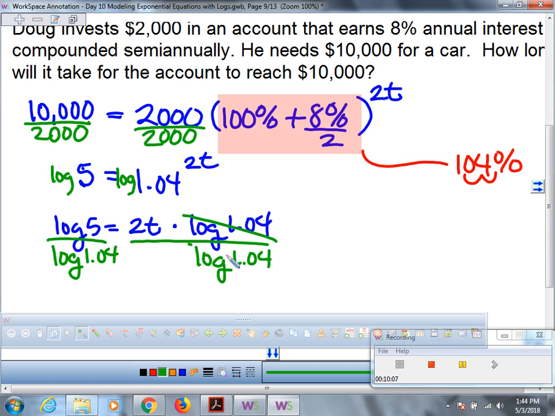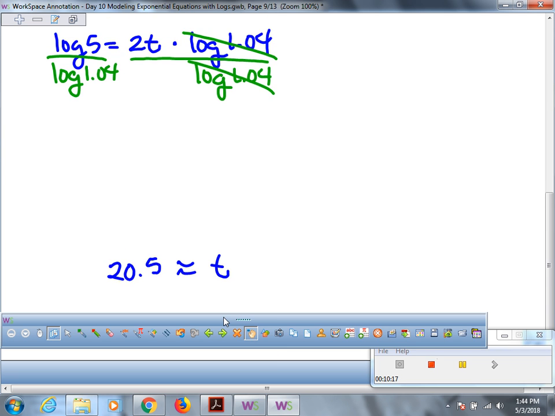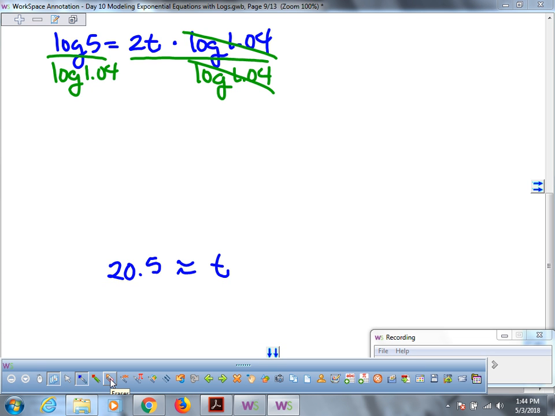So this goes away. And we're left with, oh look, there's the answer. I didn't erase it all the way. I'm writing smaller, this one. Okay, so now I have log 5 over log 1.04 equals 2t.